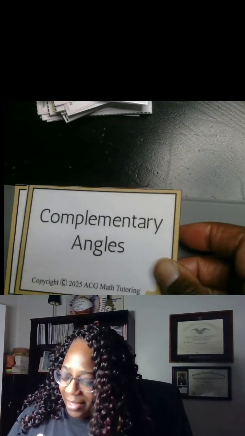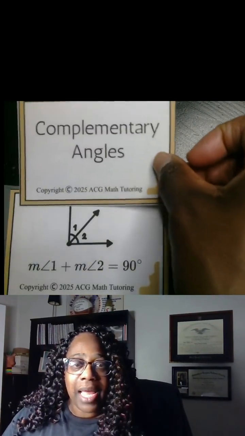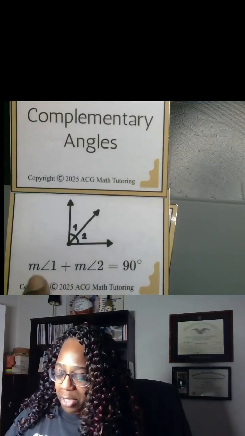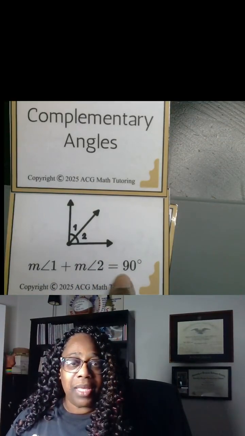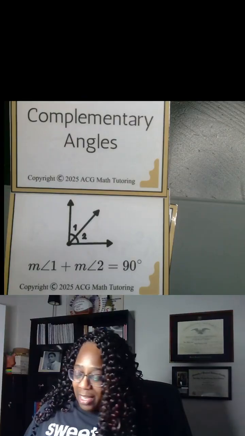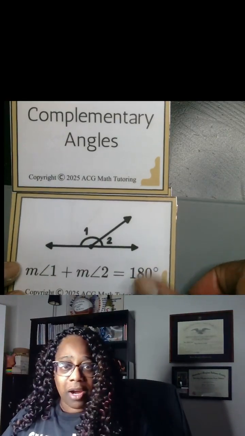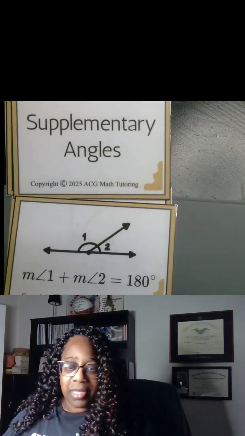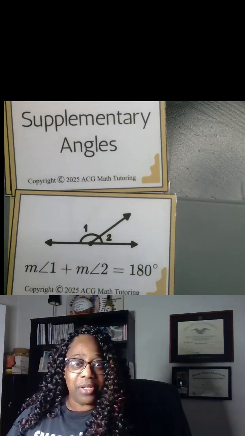Yes. So these are complementary angles. Complementary angles are two angles whose measures add up to 90 degrees. The other ones that we look at are supplementary angles. Supplementary angles equal 180 degrees.